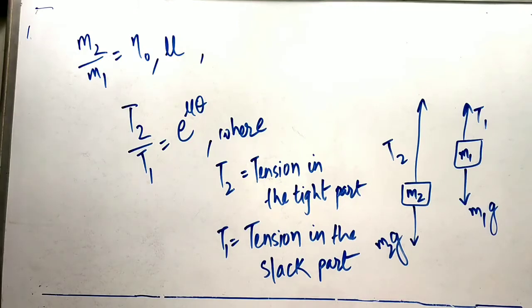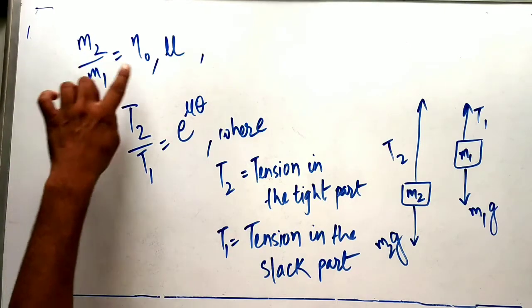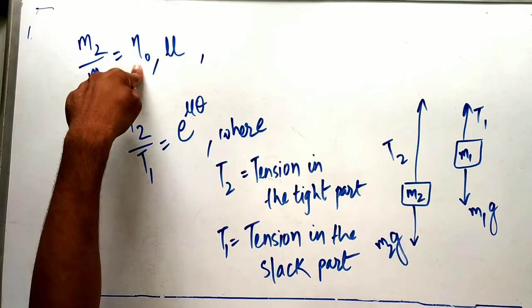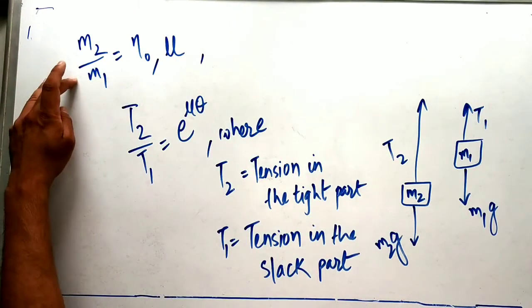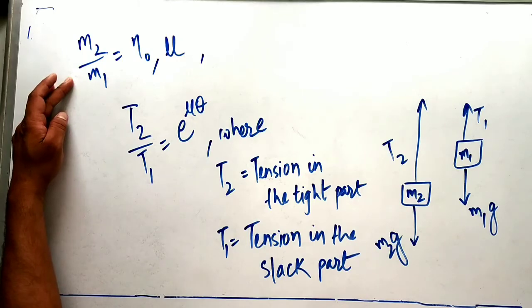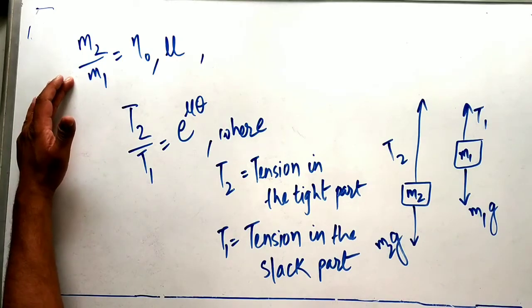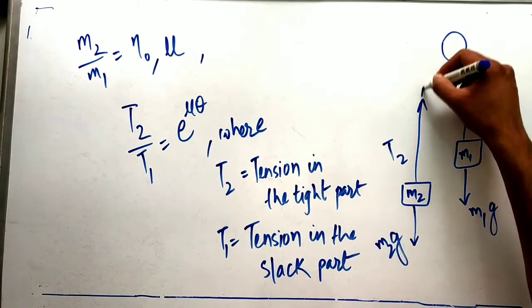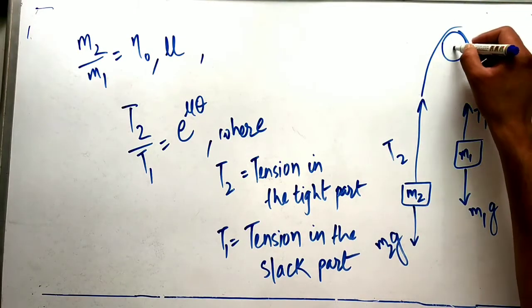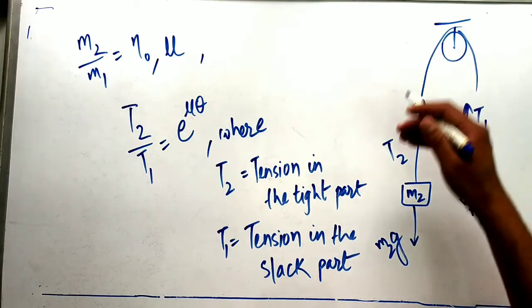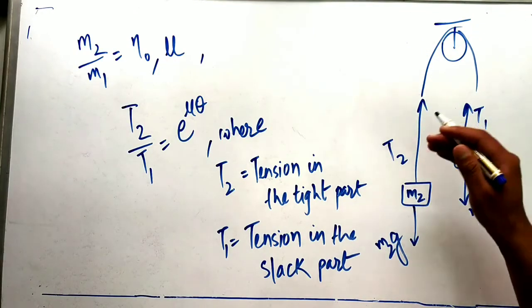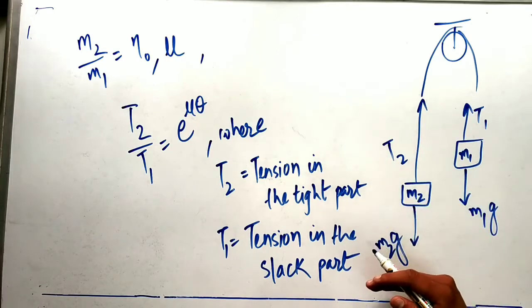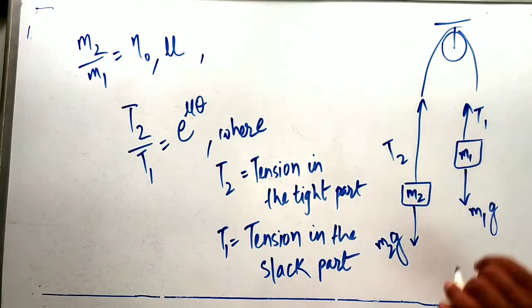Now, what is a tight part and a slack part? It's very simple. Since M2 by M1 is equal to eta naught, this implies that M2 is greater than M1. If M2 is greater than M1, in this pulley system you will observe that M2 is going down and M1 is going up.